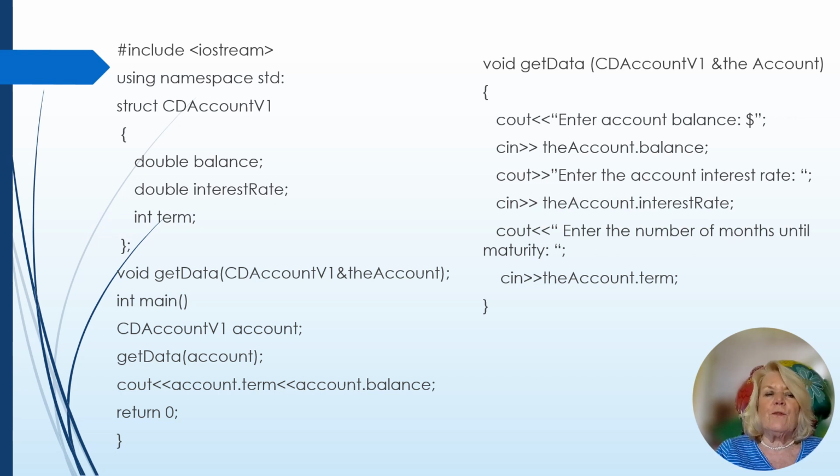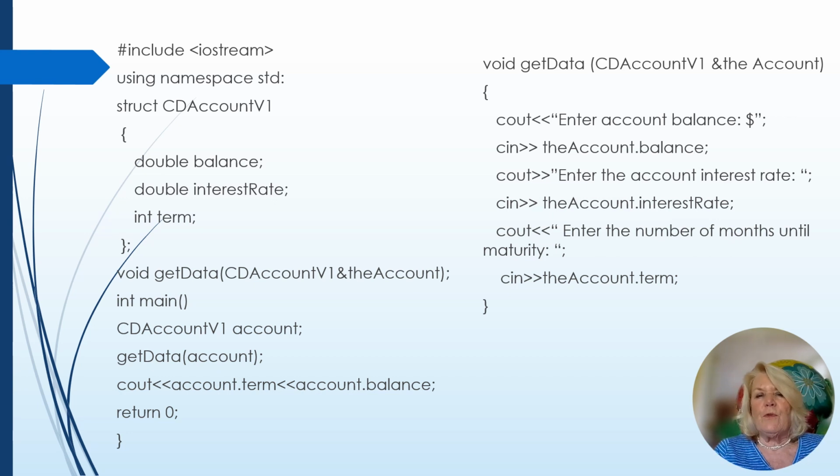Then we have a function prototype. The name of the function is getData. It's a void function, which means it doesn't return anything. And it's receiving the address of one of the variables that's been created from the struct CDAccountV1.